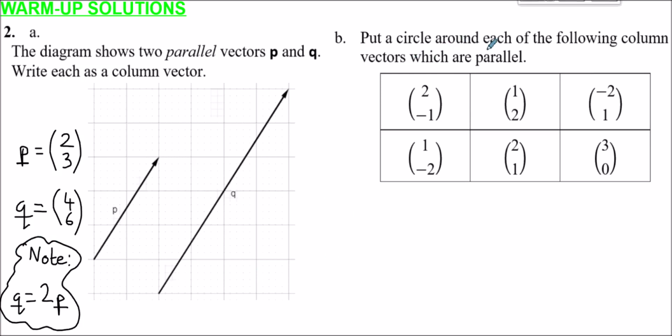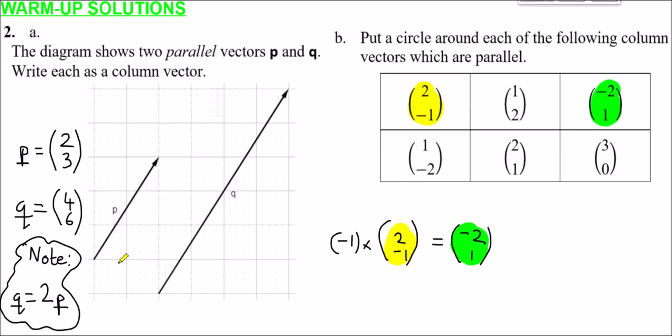Put a circle around each of the following column vectors which are parallel to one another. Well, if you notice (2, minus 1), if that were multiplied by negative 1, then negative 1 multiplied by 2 would be minus 2, and minus 1 multiplied by minus 1 would give us 1. So if we multiply (2, minus 1) by a constant value, in this case minus 1, we end up with (minus 2, 1), which is a vector we already have.